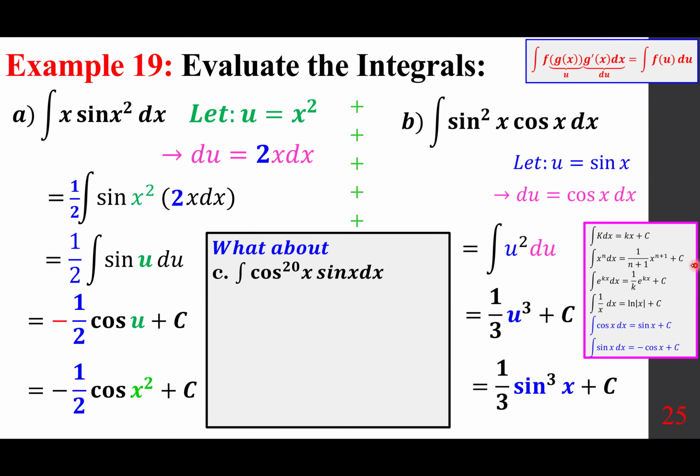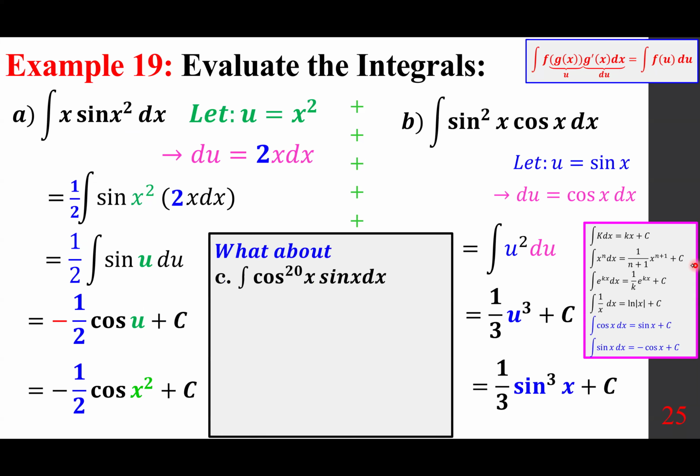So what happens when cosine has the exponent? Well, cosine is the choice of u, everybody. Because cosine has the exponent, cosine is the choice of u. Its derivative is negative sine, which makes du negative sine x dx.